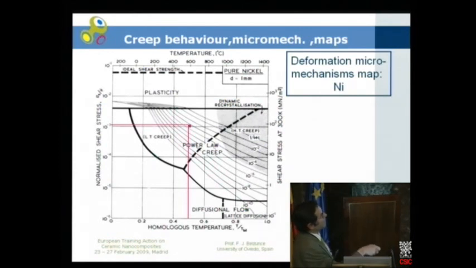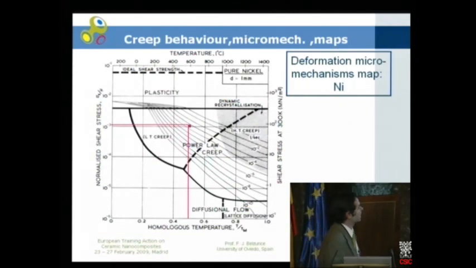And we have also divided the power law creep into two different situations: low temperature creep in this way, and high temperature creep in this other region. So this is the micromechanism which dominates in each of these regions. And also with the diffusional flow, there is a differentiation between the low temperature diffusional flow, in which the diffusion takes place along grain boundaries, and the high temperature diffusional flow, in which the diffusion takes place by means of lattice diffusion.